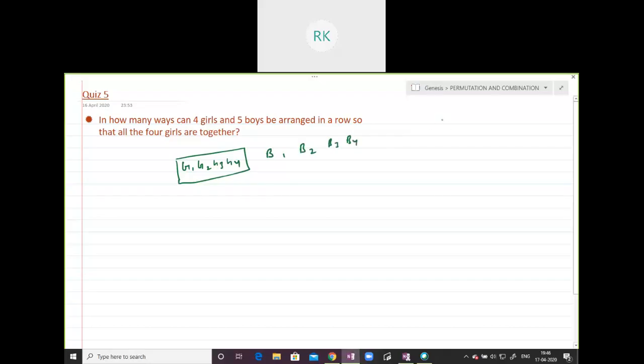Separate boxes, I can say. So altogether, how many? 1, 2, 3, 4, 5, 6. 6 factorial into 4 factorial inside the box. So this will always be together. I will rearrange all the boxes first, 6 factorial ways, and inside the box there are 4 girls, and we can also rearrange them among themselves.